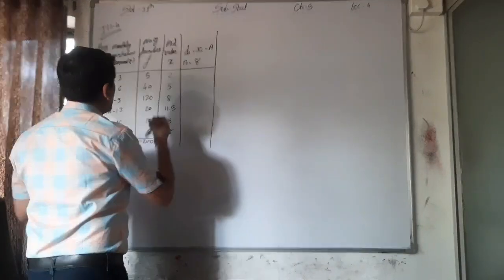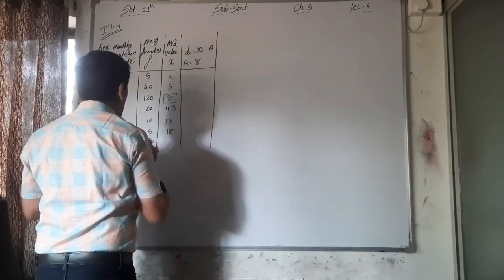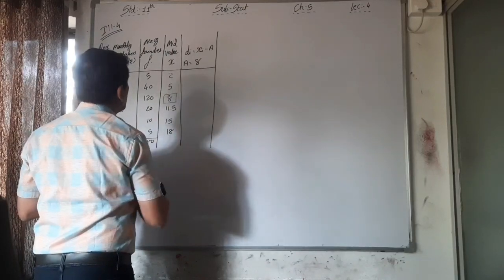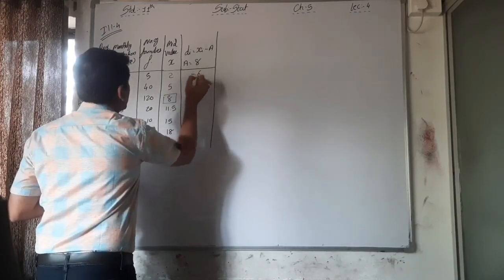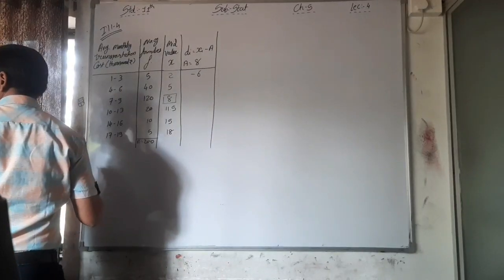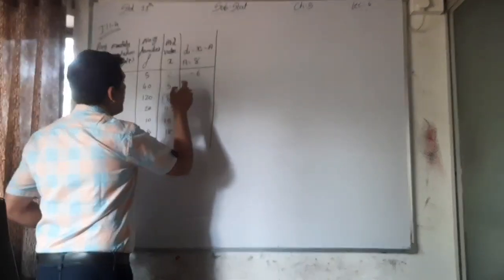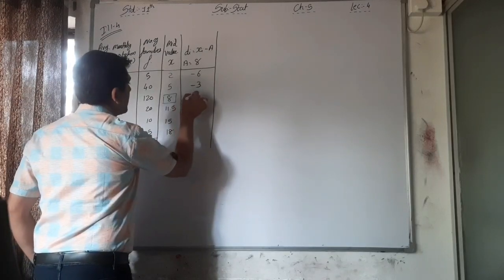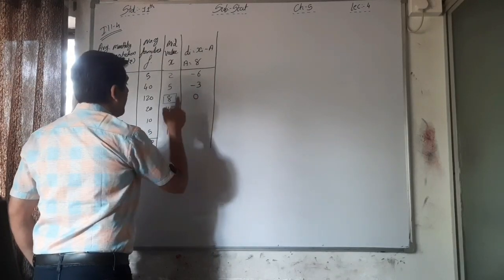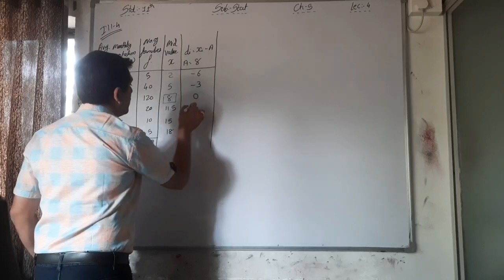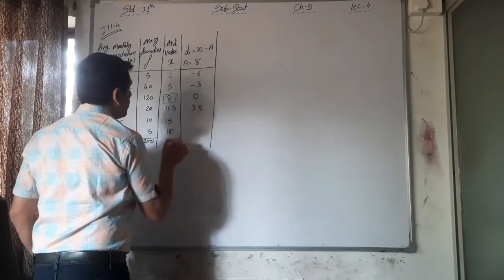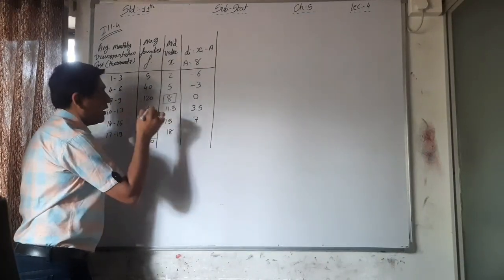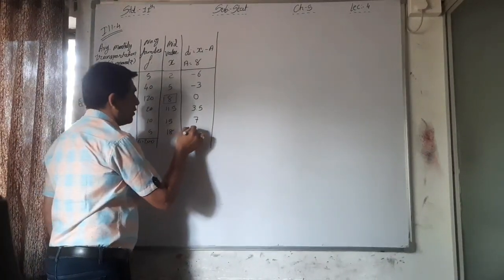We are assuming the amount a is equal to 8. So x minus 8: 2 minus 8, minus 6, then 5 minus 8, minus 3, then 8 minus 8, 0, 11.5 minus 8, 3.5, 15 minus 8, 7, and 18 minus 8, 10.